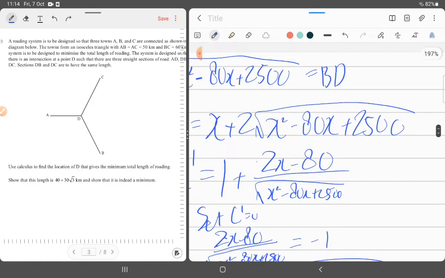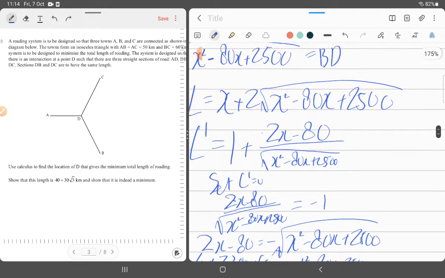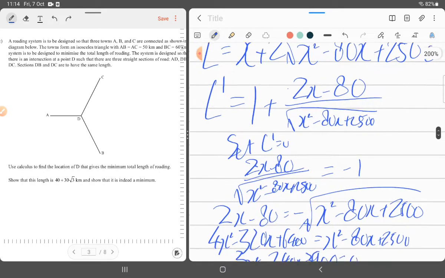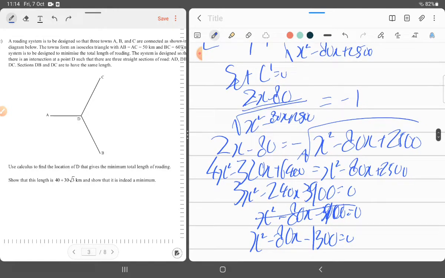We do have this 2x take away 80. So that equals 0. 2x take away 80 equals negative square root of 80 x squared plus 2,500.